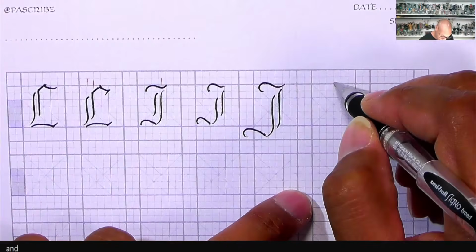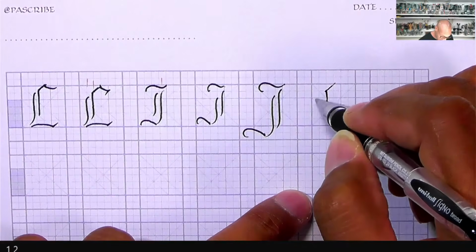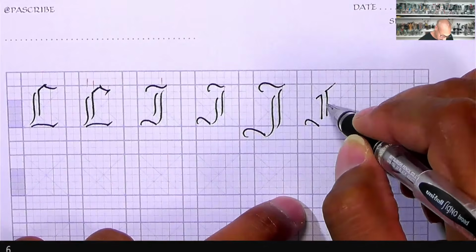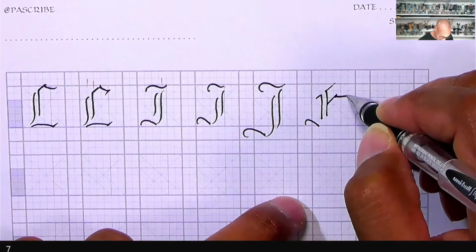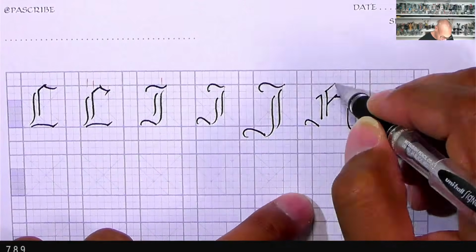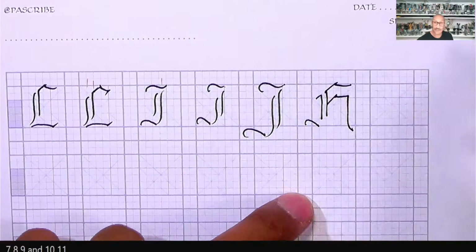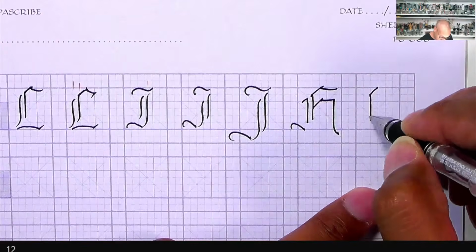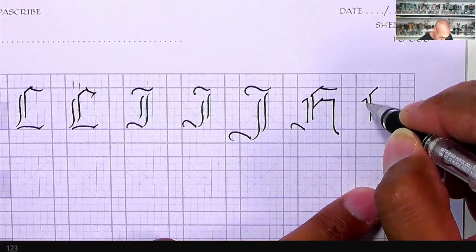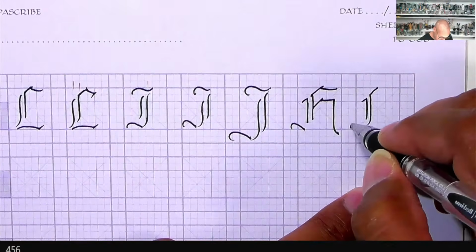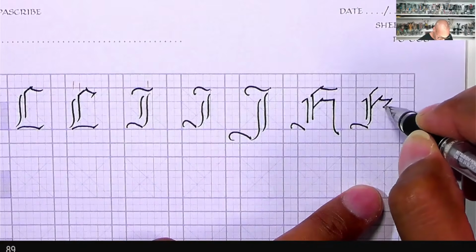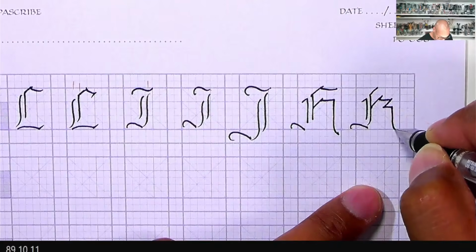H, 1, 2, 3, 4, 5, 6, 7, 8, 9, and 10, 11, and 12. K, 1, 2, 3, 4, 5, 6, 7, 8, 9, 10, 11, and 12.